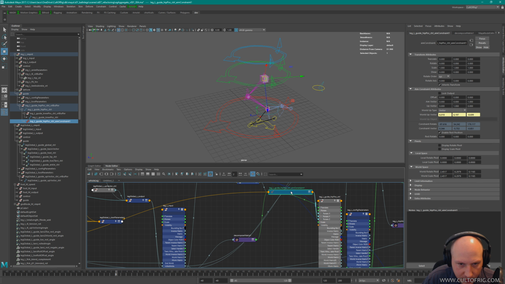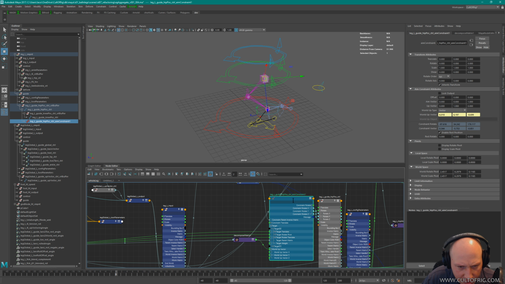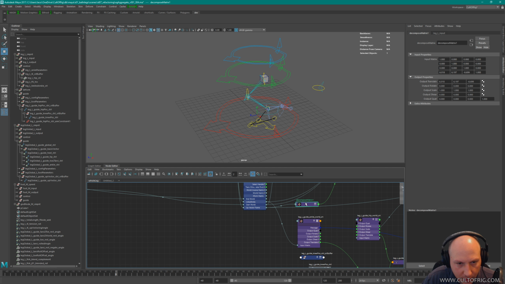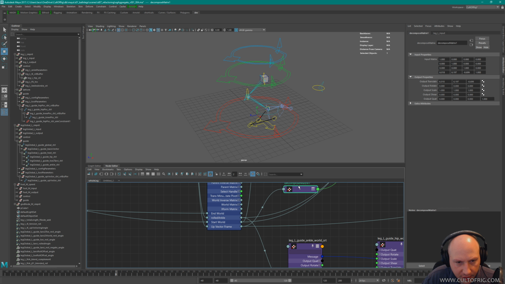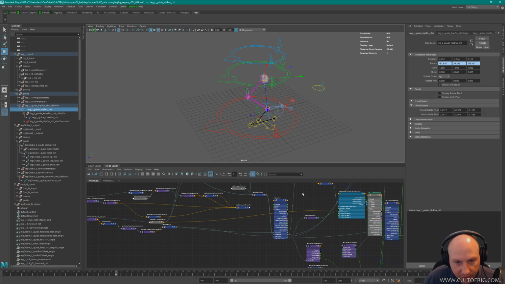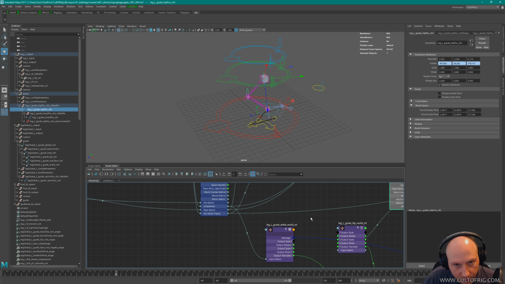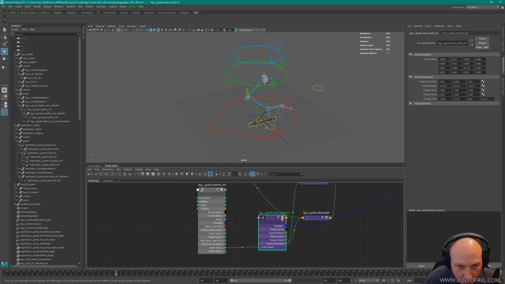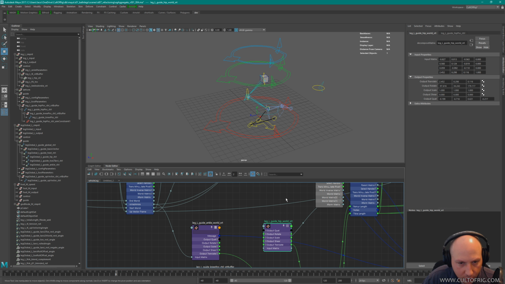So let me reduce these for a moment to just the world up vector. I have decomposed the up vector, which is cool. I should have this hip from somewhere else already decomposed. Hip world.